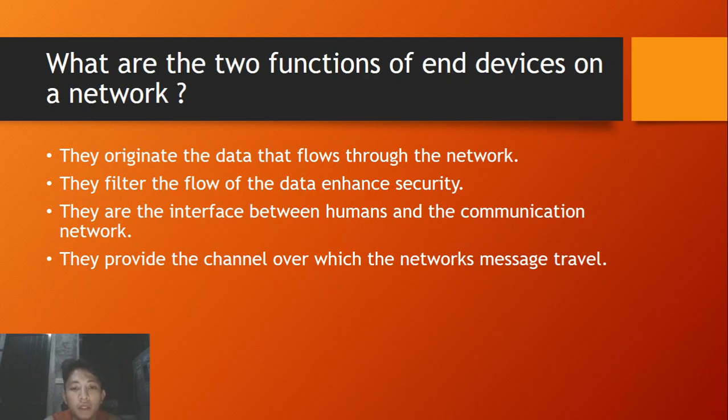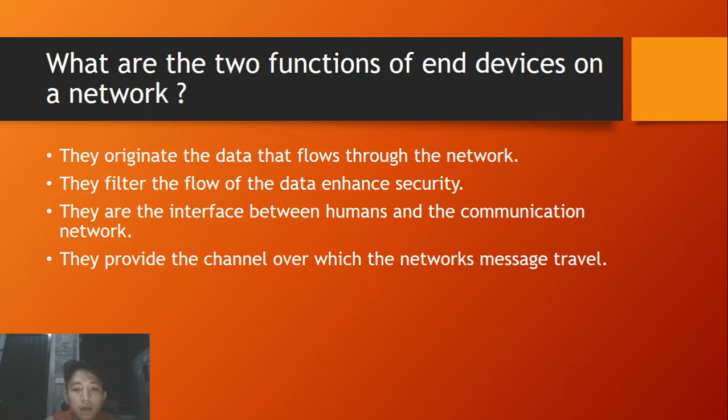They provide the channel over which the network messages travel. For this one, we have two: the first is they originate the data that flows through the network, and the second is they are the interface between humans and the communication network.